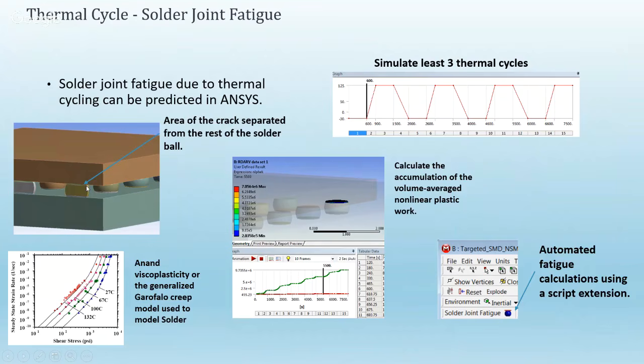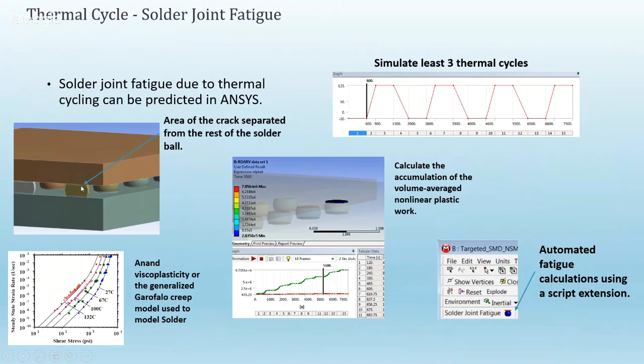What we do in the Darveaux method is we slice off a little piece of the solder ball, 15 thousandths of an inch in this case, and we look at the energy release rate or the accumulated nonlinear plastic work done in this region itself.